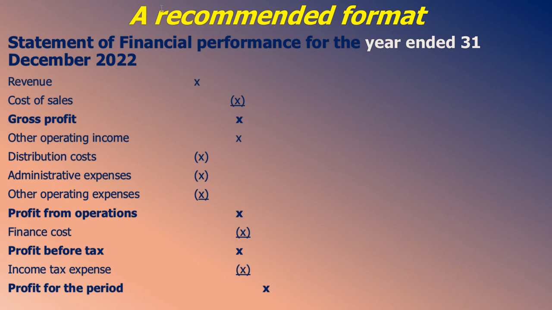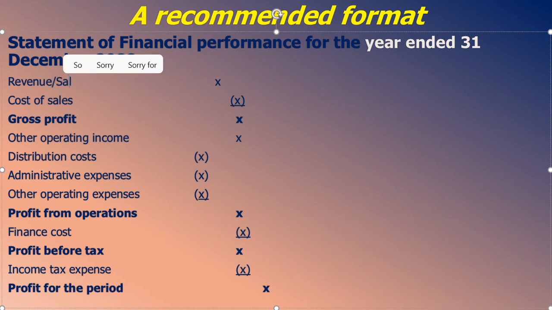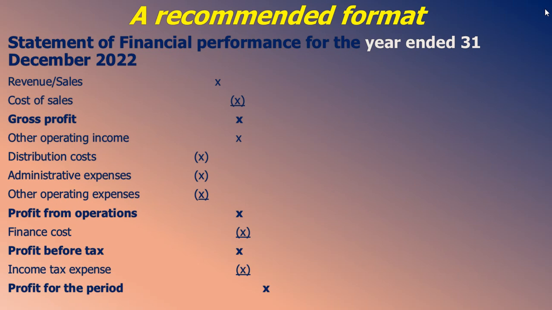So this one, we start with revenue or sales. Let me be specific here. Revenue or sales. Now, if you look at the sales you made in a year, you remember last time we looked at ledgers, how we record information in ledgers.